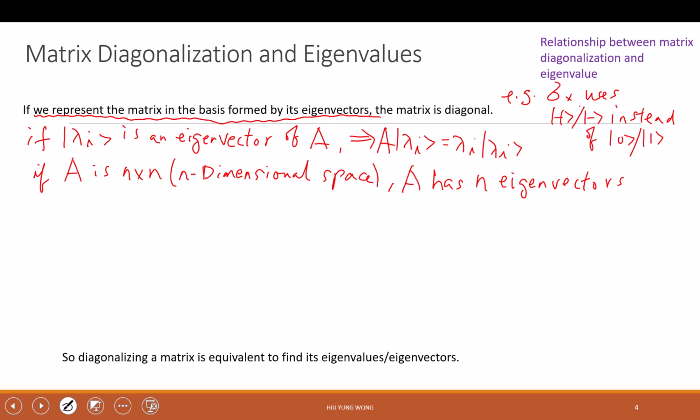And we are going to call them, I'll call it lambda 0, lambda 1, and all the way to lambda n minus 1, which is the same as saying 0, 1, all the way to n minus 1. Is this okay? Can I say that now I relabel my eigenvectors as 0 to n minus 1?